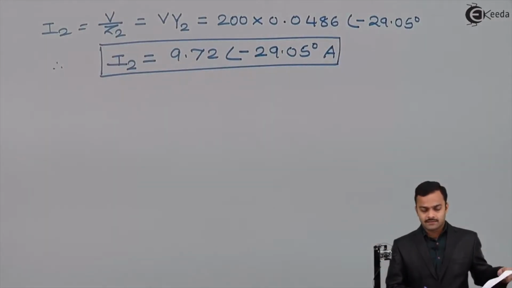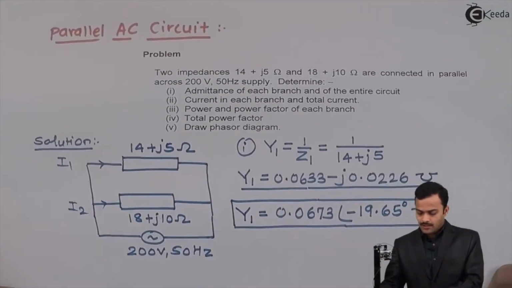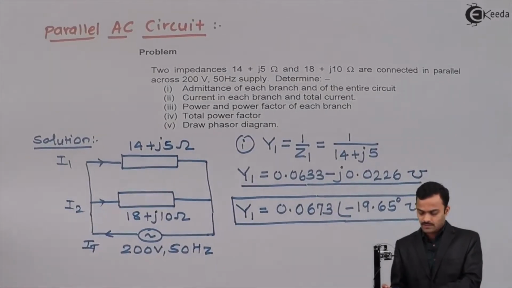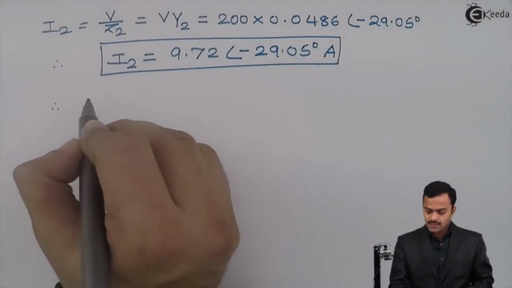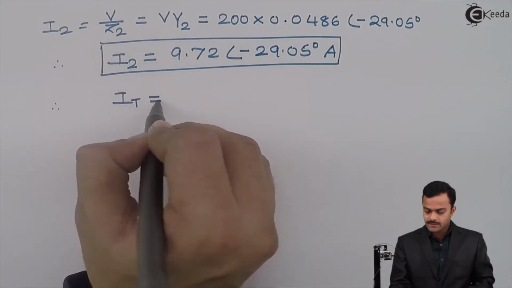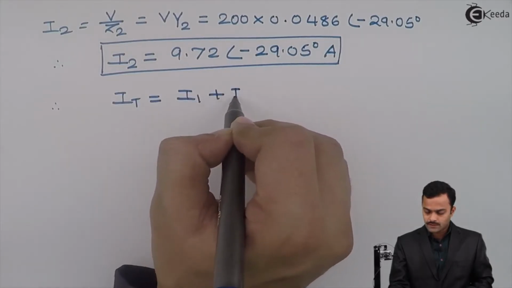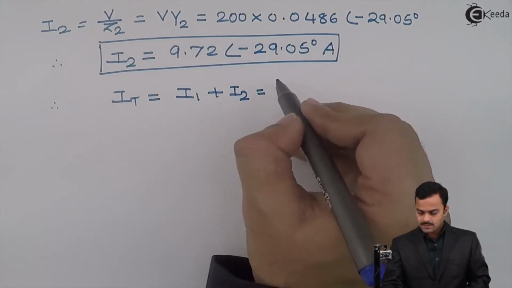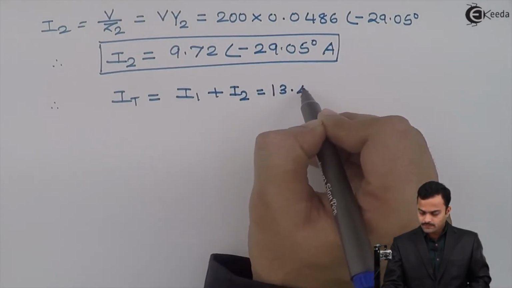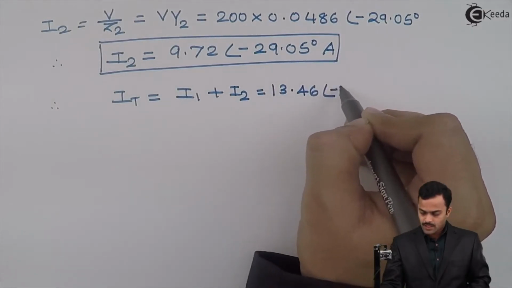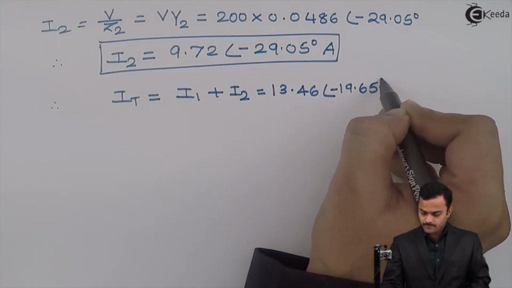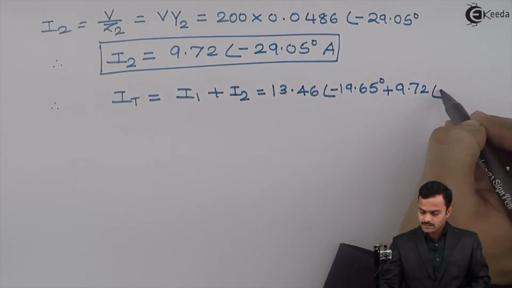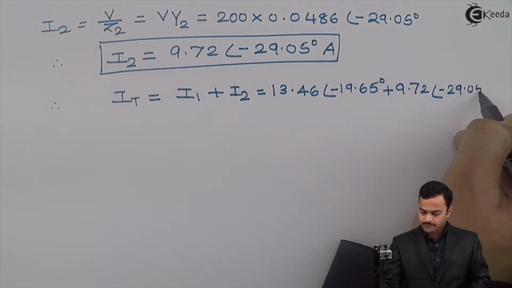It's a parallel circuit. What does that mean? The addition of I1 and I2 is the total current. So total current in the circuit IT equals I1 plus I2. I1 we have calculated as 13.46 at an angle minus 19.65 and I2 is 9.72 at an angle minus 29.05.